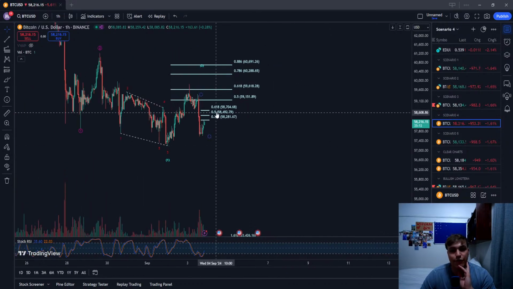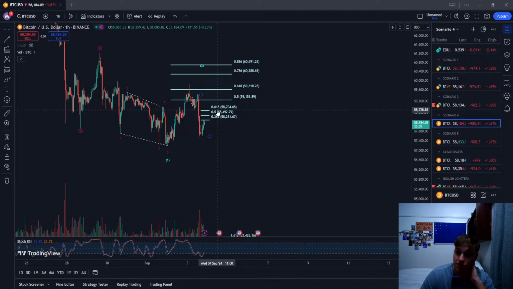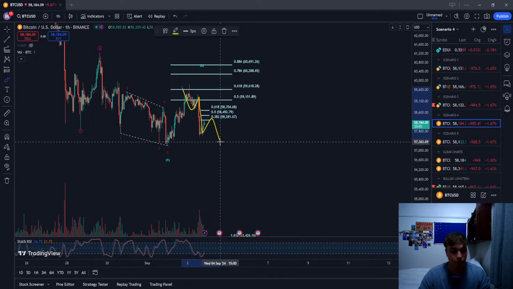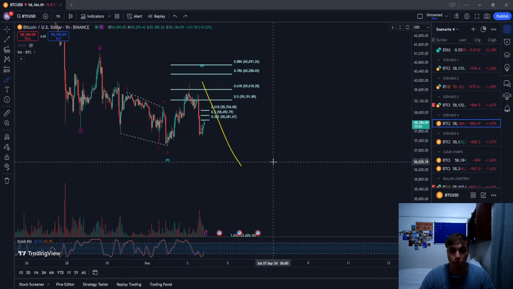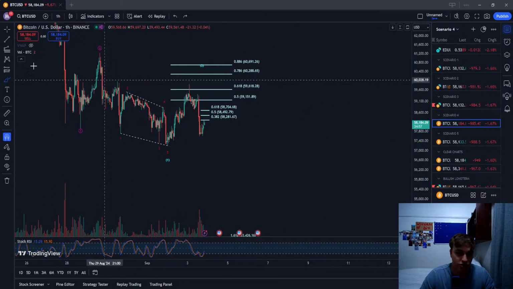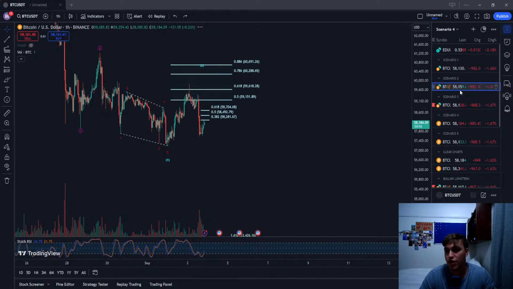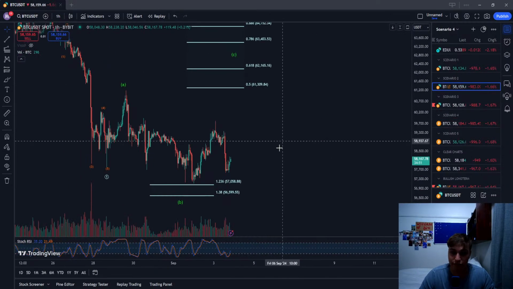So if this 0.618 at 58,704 holds, and we do end up having that 5-wave move to the downside, 1, 2, 3, 4, 5, that would strengthen the probability for this structure. If we break the 618, this structure becomes more likely for me.